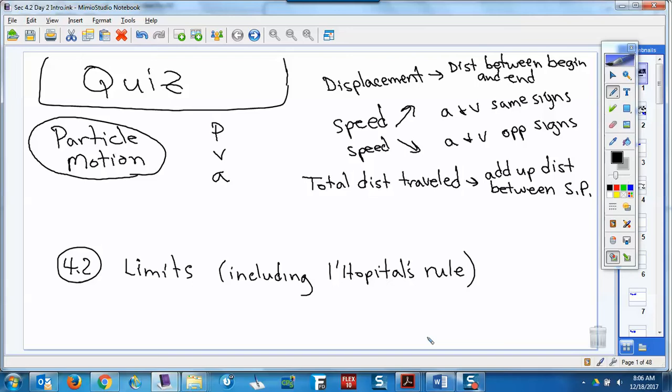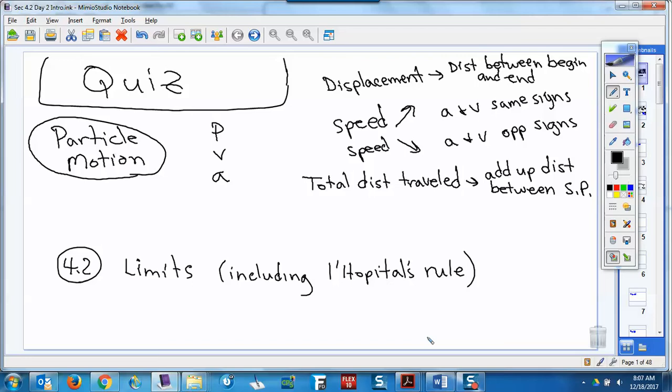And then, of course, before that, we had the particle motion stuff, which isn't really a section in the book, but it's just a big idea, the type of problem that's on the AP test all the time. So those two packets that we had, and then we'll finish up that packet tomorrow.